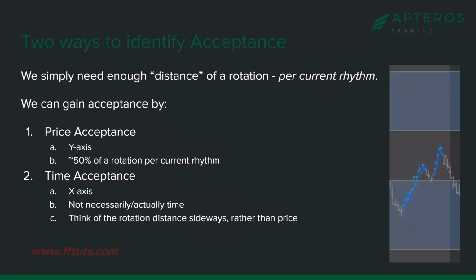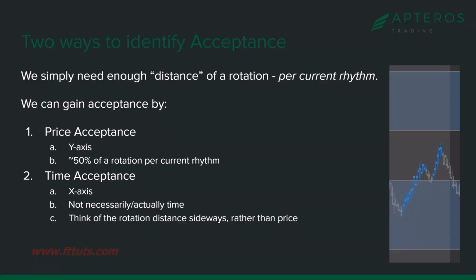How do we see acceptance, right? What the heck is acceptance? Acceptance is measuring what the current condition is based on price auctioning far enough above or far enough below the reference in question, whether that's a composite value high or whatever the case may be.